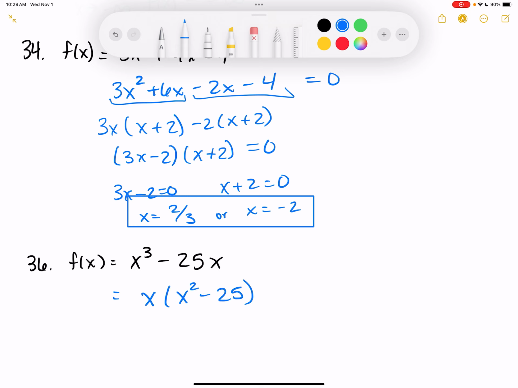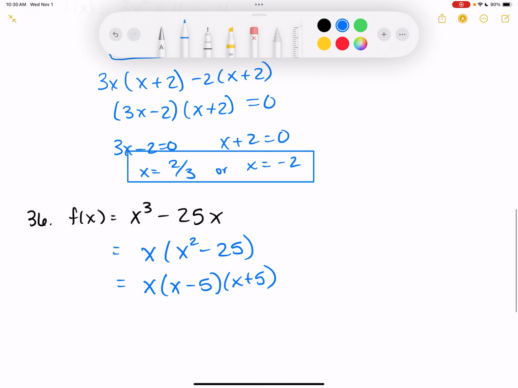The difference of squares. Yep. So, which factors into what? X minus 5 and x plus 5. Yep. And so then set it equal to 0 and solve. So x equals 0, x minus 5 equals 0, x plus 5 equals 0. So then x equals 5, x equals negative 5.